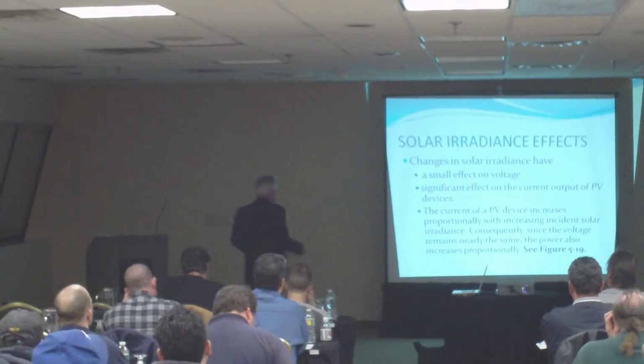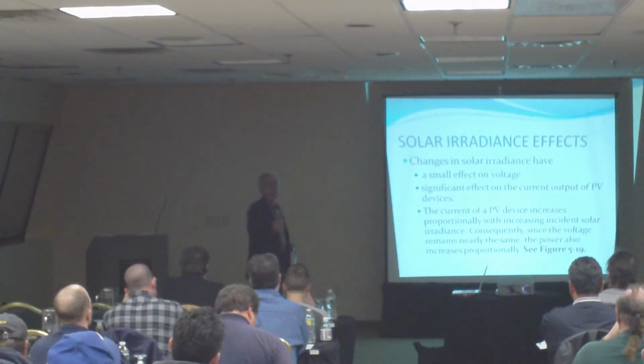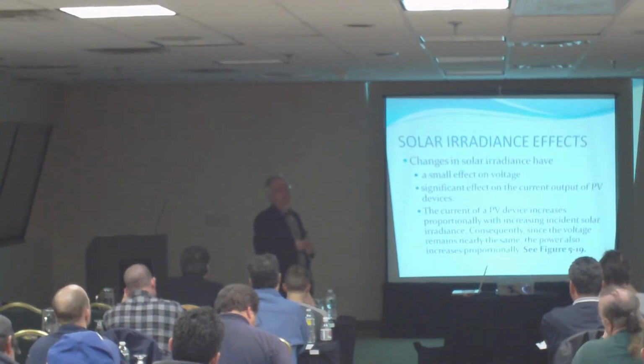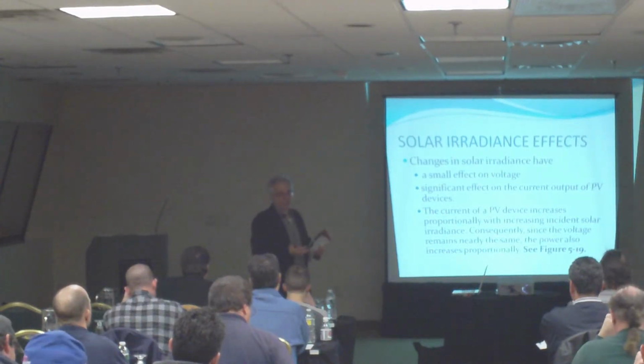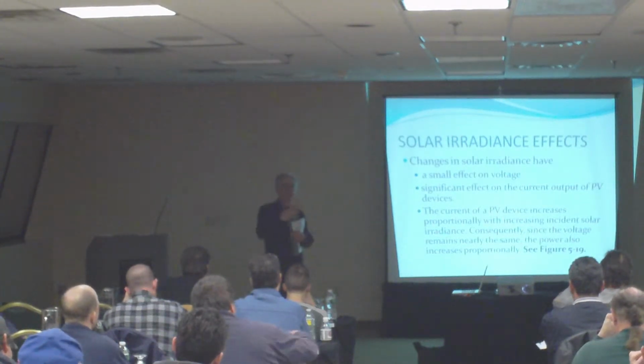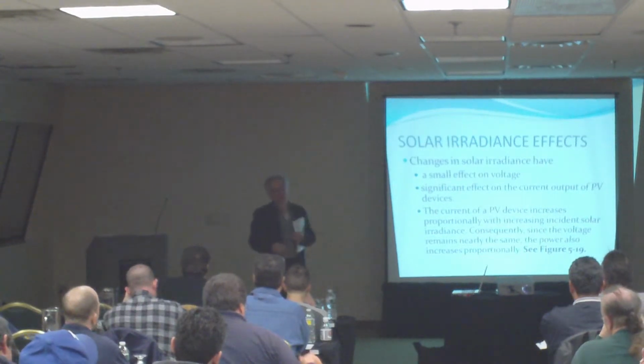But it will have a tremendous amount of effect on the current. That's one of the areas that a lot of the manufacturers try to take care of, that if I do lower the irradiance at some point, it does not affect the current. How are we going to do that?